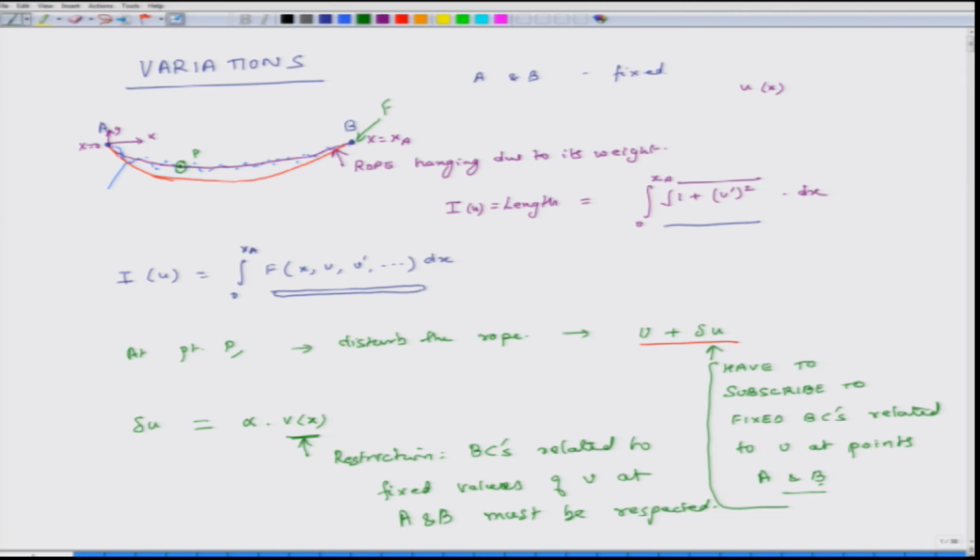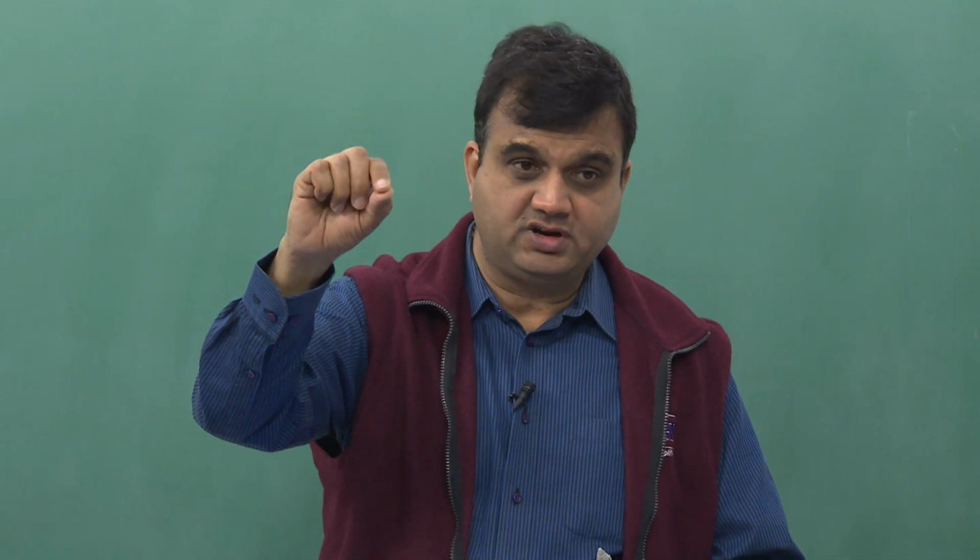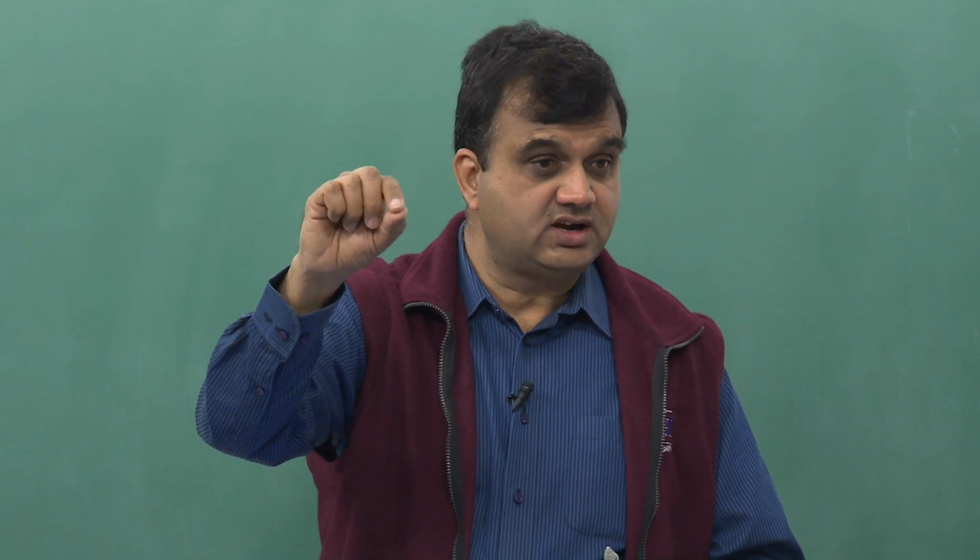What do I mean? Suppose the displacement at A is 0, and displacement at B is 5 millimeters, but it is fixed. I take the rope at point B and I move it 5 millimeters upwards and I fix it there. So, displacement is 5 millimeters, but what will be the variation at that point?